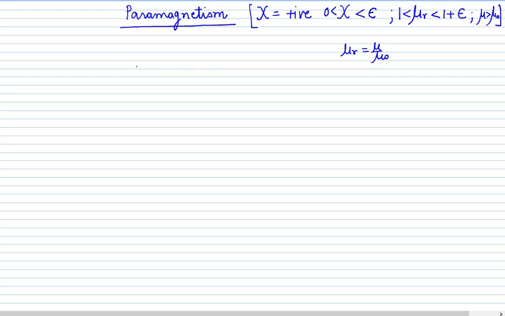So what is the property of paramagnetism? If you keep them in an external magnetic field, they get weakly magnetized and they move from the region of weak magnetic field to strong magnetic field. That is, they get weakly attracted.